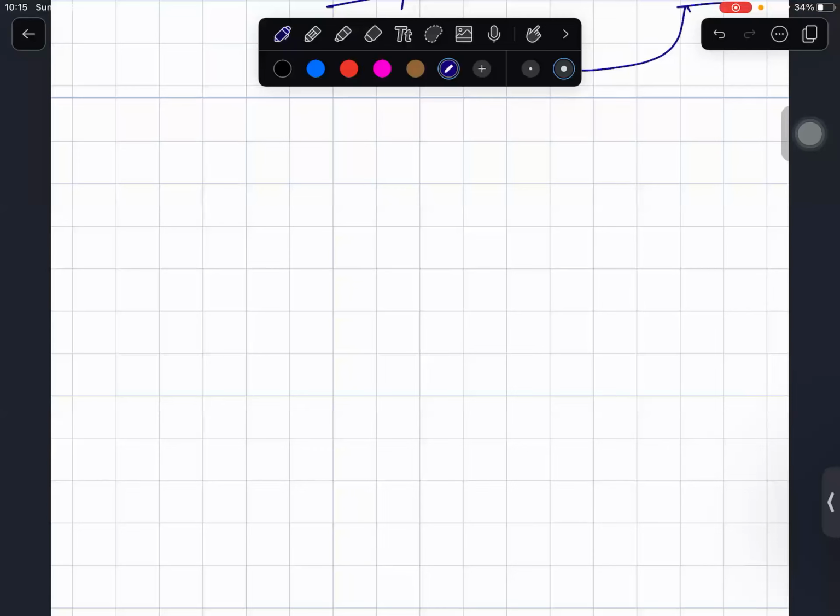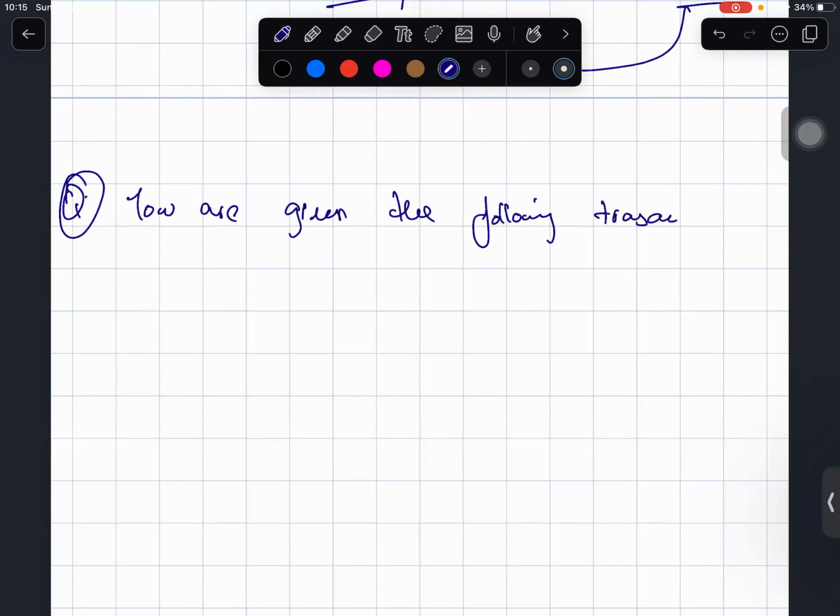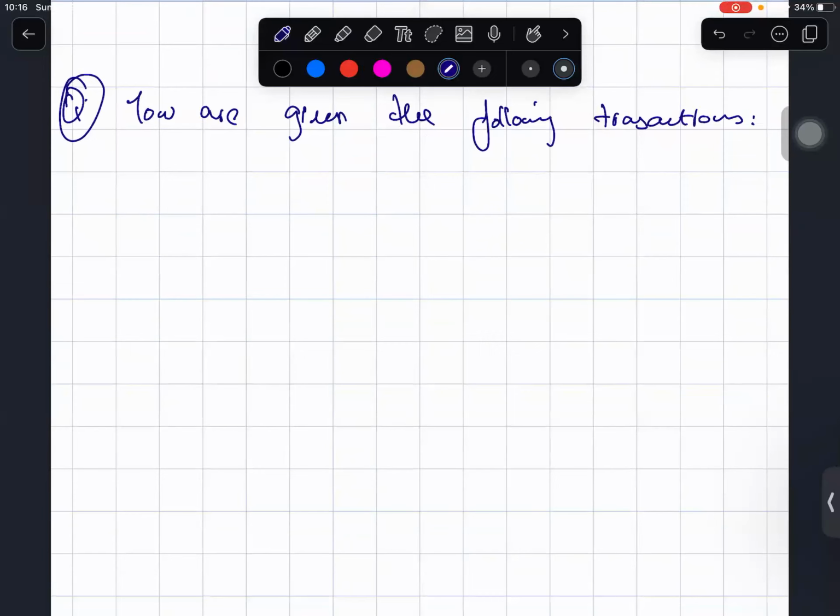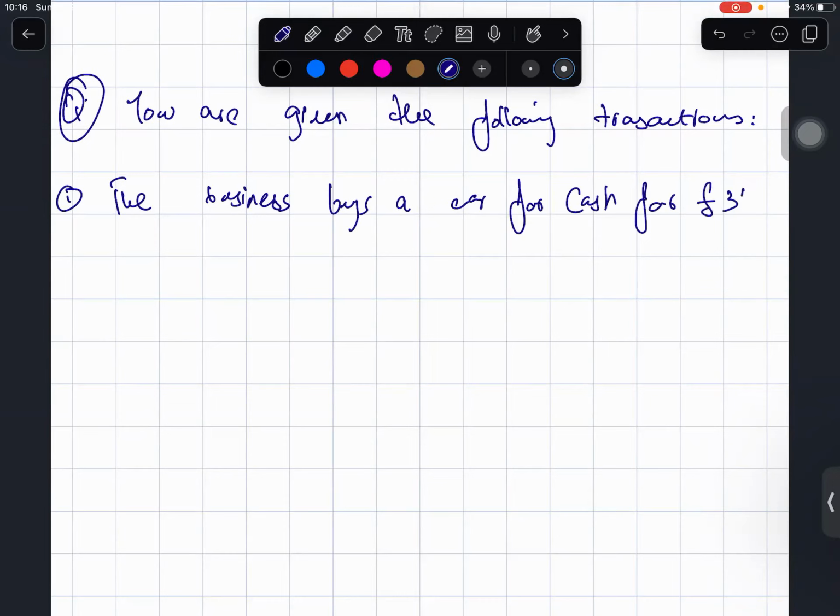Okay, so let's just say, you are given the following transactions. And so the first one is business buys a car for cash for pounds 3,600.